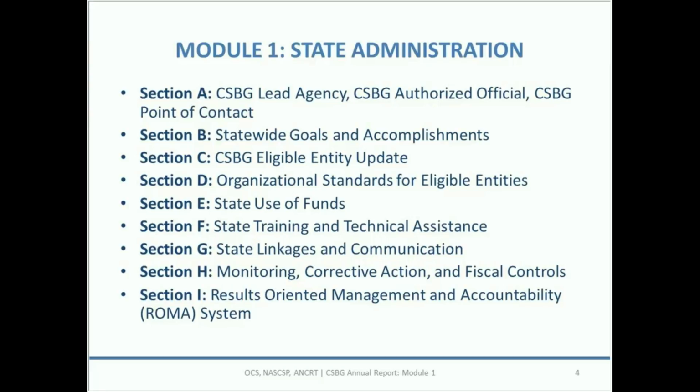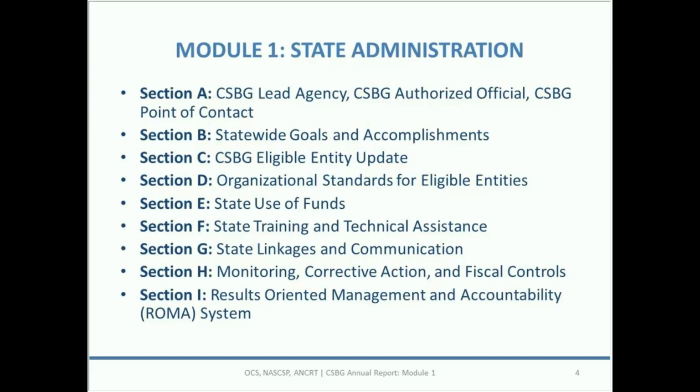Many of the elements in this module are directly related to elements in the state plan, and many are not new. Section A collects information about the CSBG lead agency, who the authorized official is, and who the point of contact is. Most of that is in the state plan, but it can change between when states complete a state plan and when they complete the annual report.